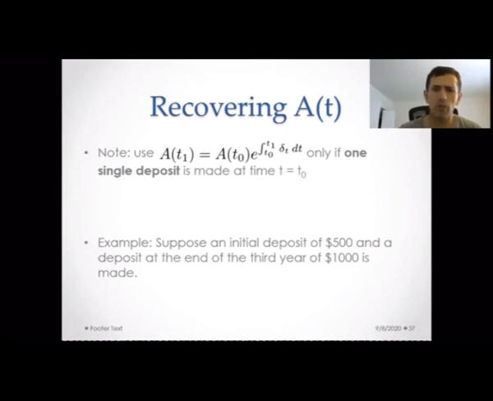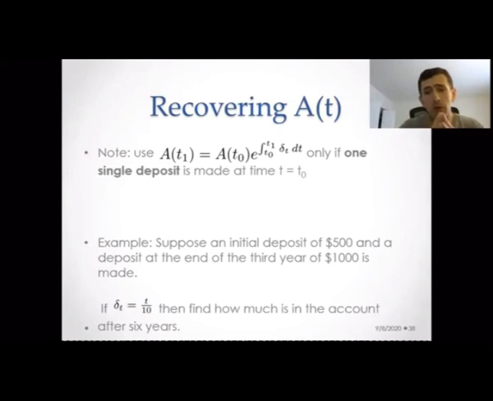Okay, so let's say we have an initial deposit of 500, and a deposit at the end of the third year of 1,000 is made. Let's find out how much is in the account after 6 years if the force of interest is given by t over 10. So we're going to break this up into two problems. We consider the 500 by itself, see what happens from this initial deposit at t equals 0 to t equals 6.